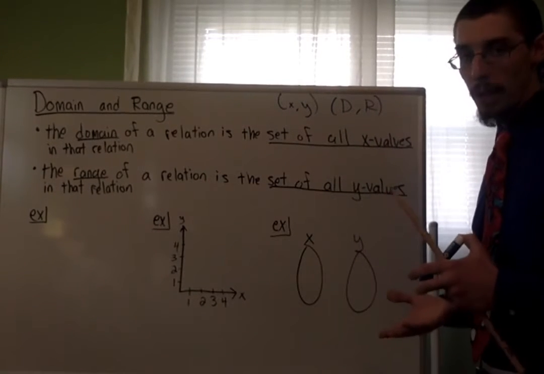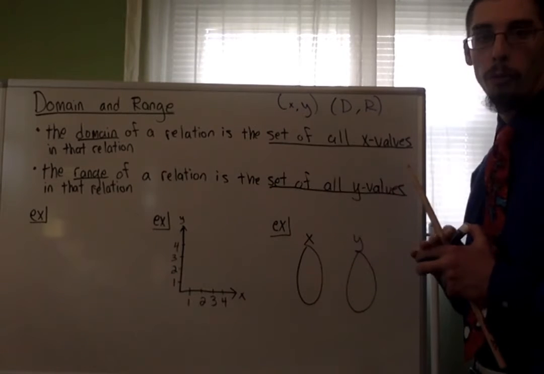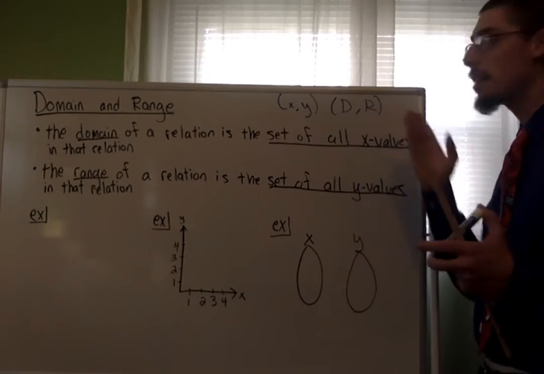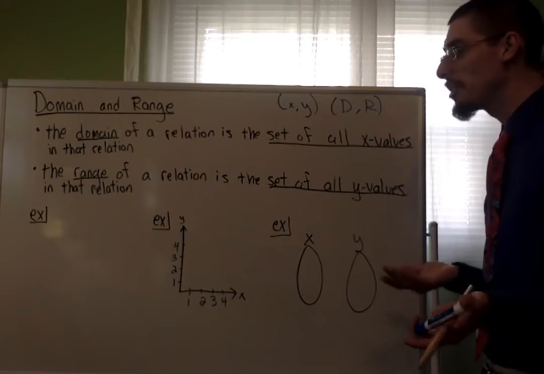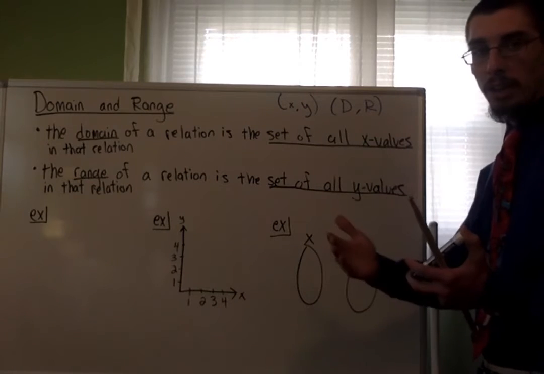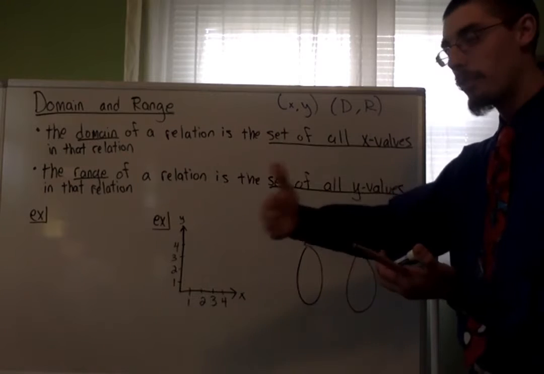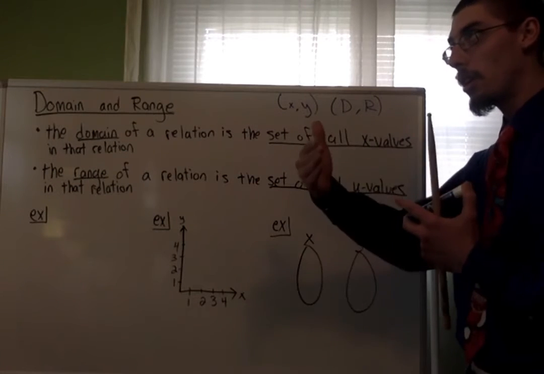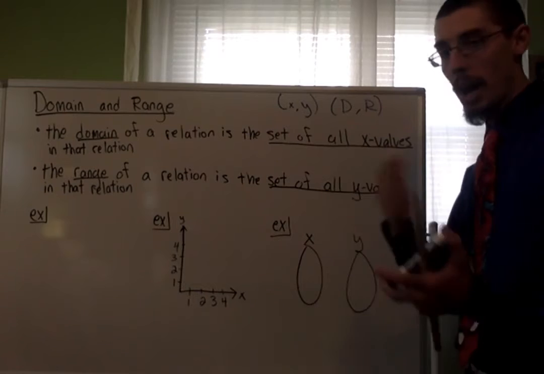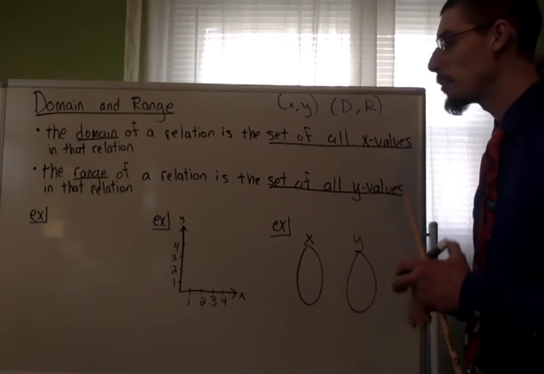Think about the alphabet: X comes before Y, D comes before R. It's a simple thing to remember. You always say it like that: domain and range. X comes before y, domain comes before range, regardless.